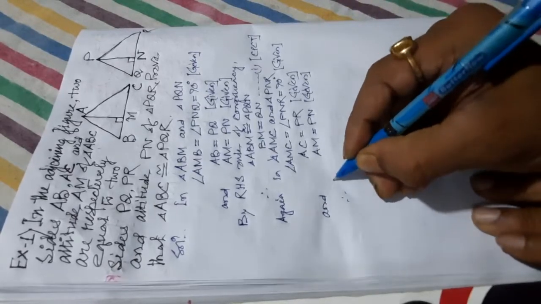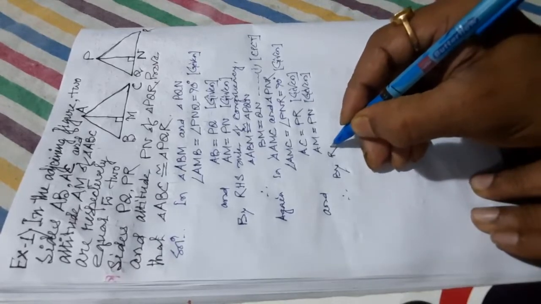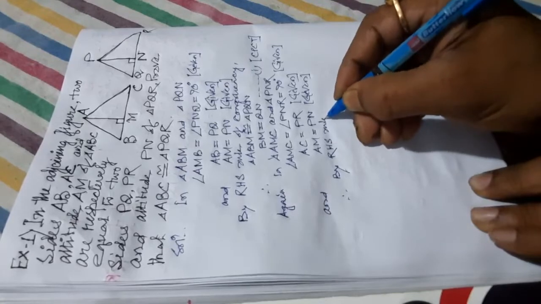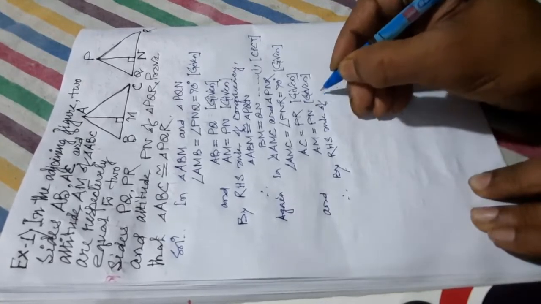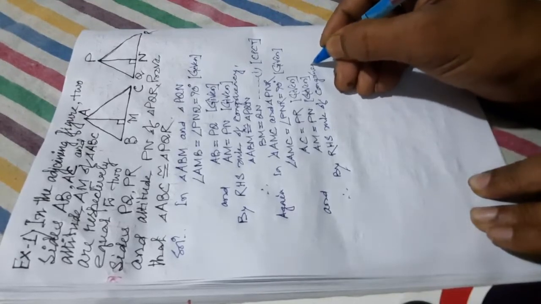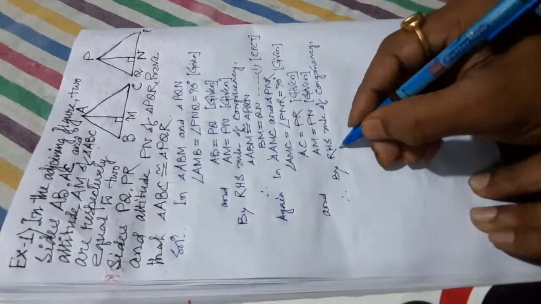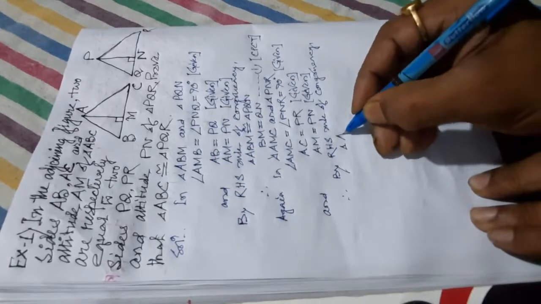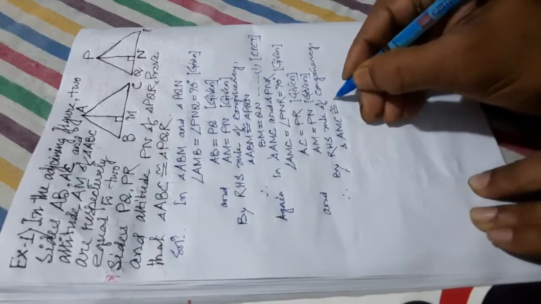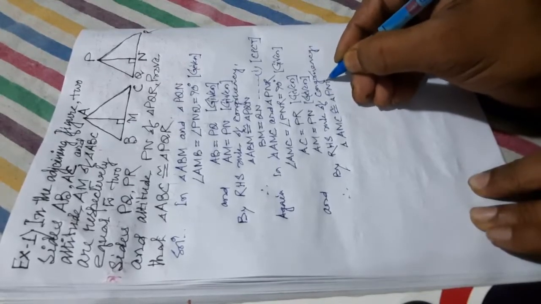Therefore, by right angle hypotenuse side rule of congruency, triangle AMC is identically equal to triangle PNR.